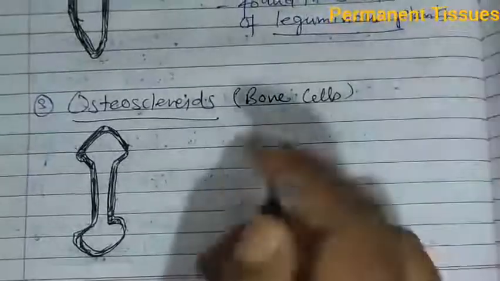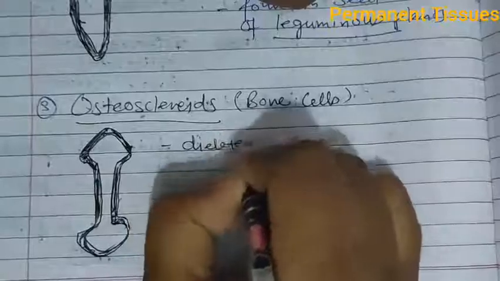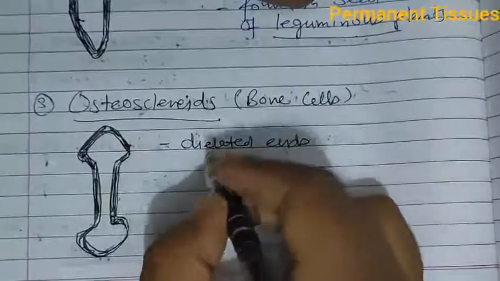They are rod-like with dilated ends, barrel shaped.